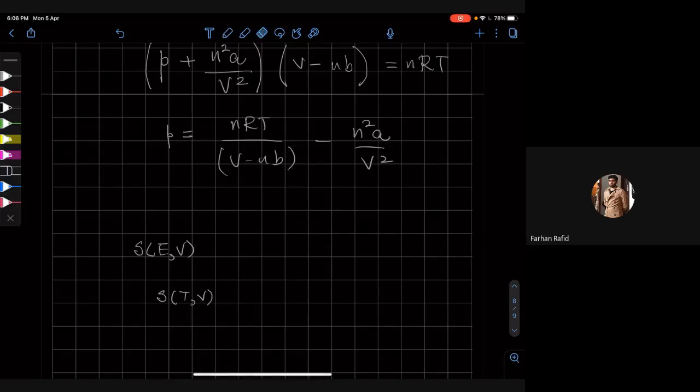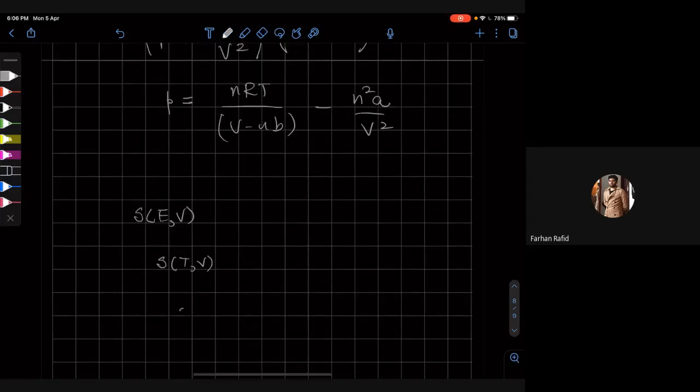So if I do this, then the change in entropy is given by ds by dT, V remains constant, dT, plus ds by dV, T remains constant, dV.